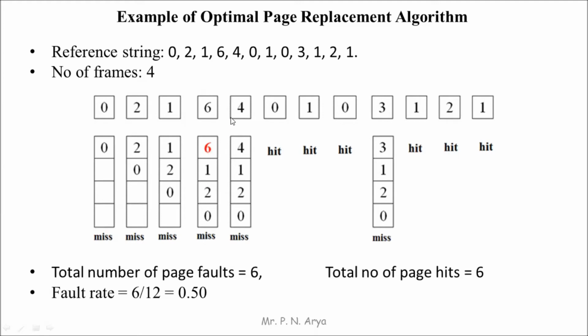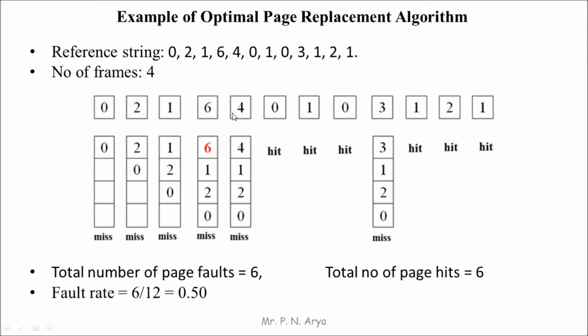The next page is 4, and we check the main memory. 4 is not present. Now which page will be removed from the main memory and replaced by 4? In the optimal page replacement algorithm, we check all the pages to see which will not be used in the future for the longest time.